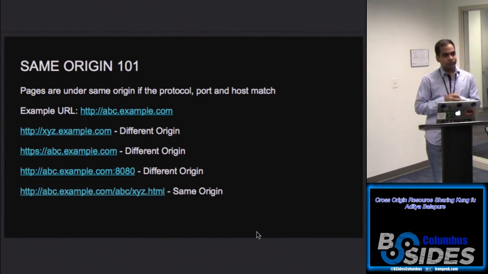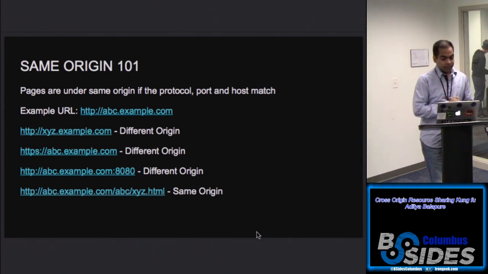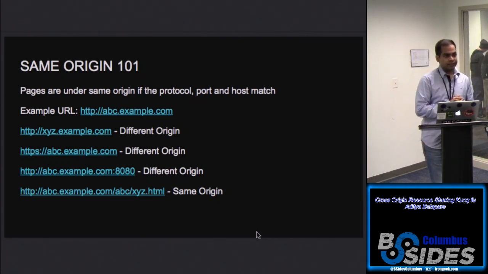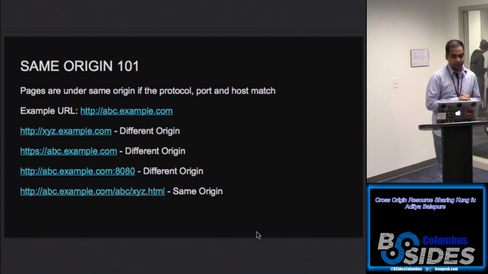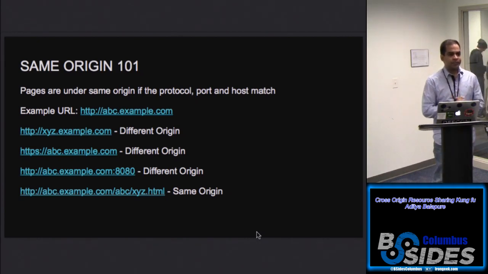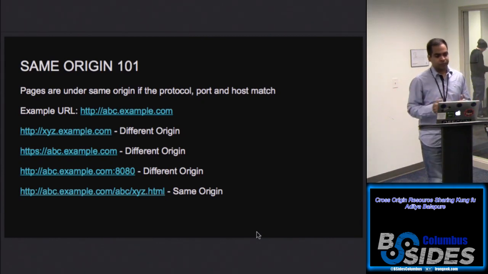A different origin would be a different host, here, as an example, xyz.example.com. Another would be abc.example.com served over a different protocol, let's say HTTPS. Or served over a different port, 8080. So hopefully everyone understands what exactly same origin and different origin is.